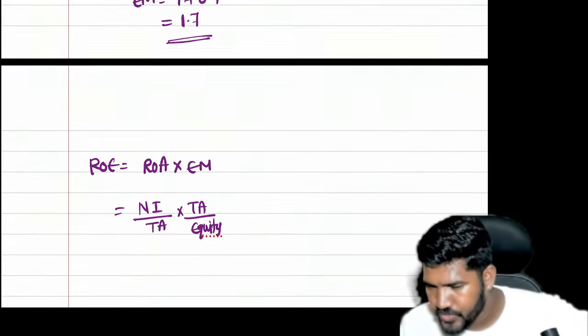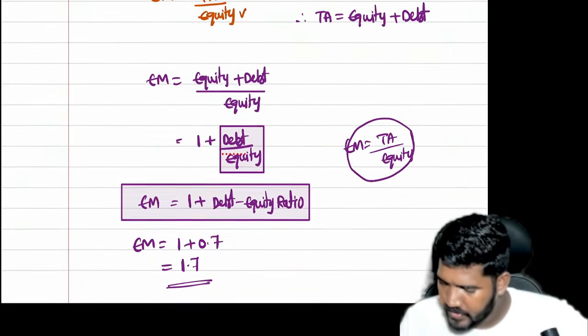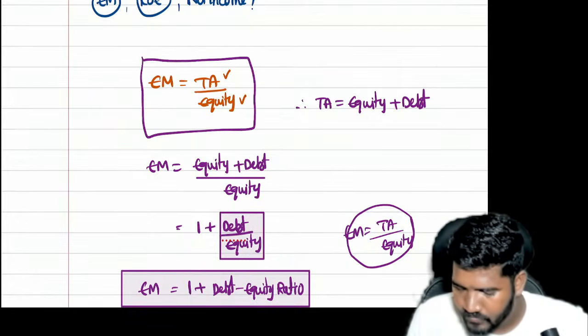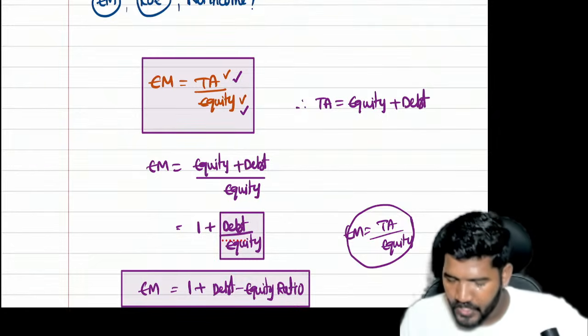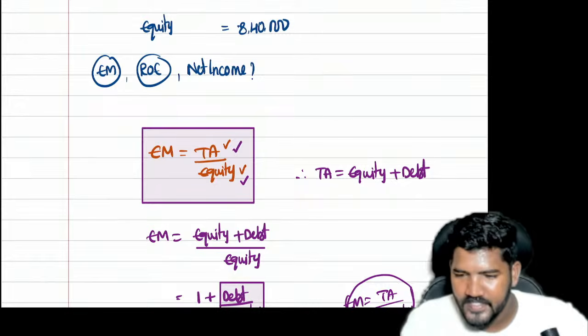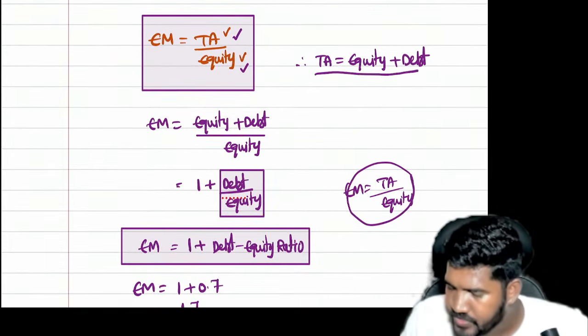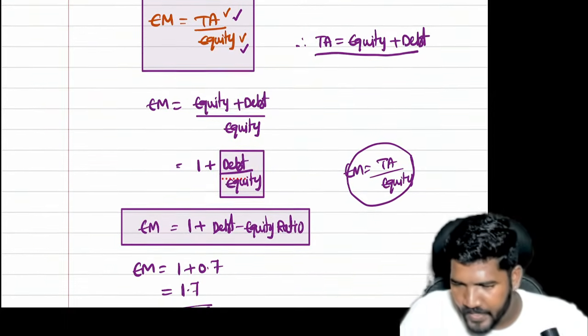Karthik asks a question: why are you using 1 plus debt equity ratio? You can observe, this is the equity multiplier formula. I don't have the total assets information or the equity information. Even though they're asking, there is a subject: how to calculate total assets, equity plus debt. So I'm elaborating the formula.